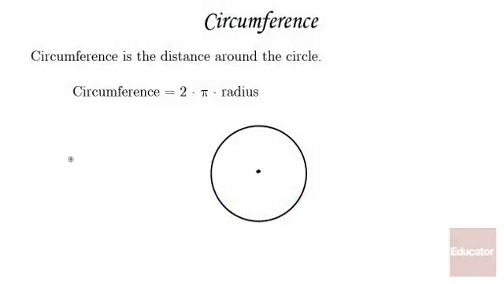So the circumference is like perimeter. Now we know perimeter is when you add up all the sides of some polygon, right? So circumference acts as a perimeter, but it's the perimeter of a circle, because with circles we don't have straight sides. So instead of calling this perimeter, we call it circumference. But it's pretty much the same thing.